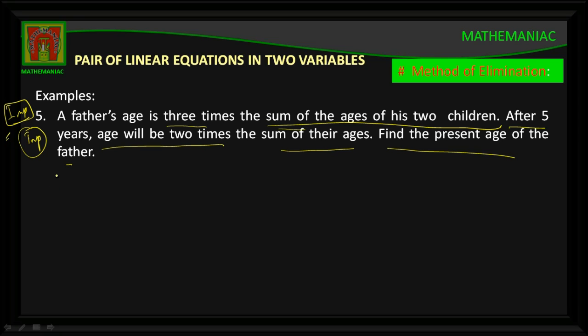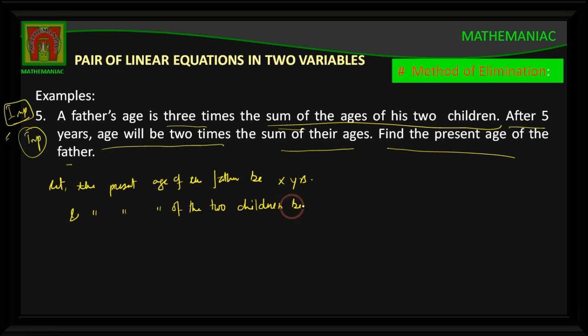So here they are asking you the present age of only the father, right? So first, let the present age of the father be x years, and the present ages of the two children, remember it, be y years.